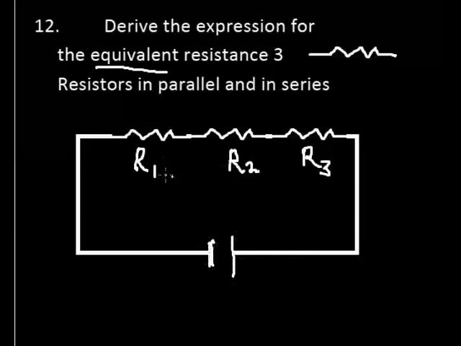So once you connect, this is called series connection, okay. Once you connect the cell and the resistors in series like this, what happens? Current flows, okay. The same current goes through this resistor, so the same current passes through all of them, okay.